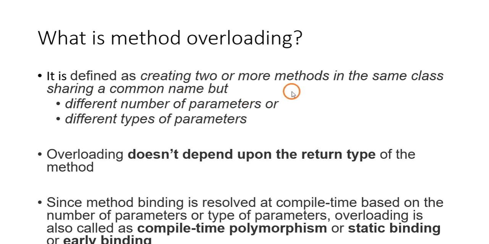You are going to create two or more methods with the same name, but with a different number of parameters or different types of parameters. One thing can be different: the number of parameters, that is the count of parameters, or the types of the parameters can be different. In the program I will show you what is the use of this.